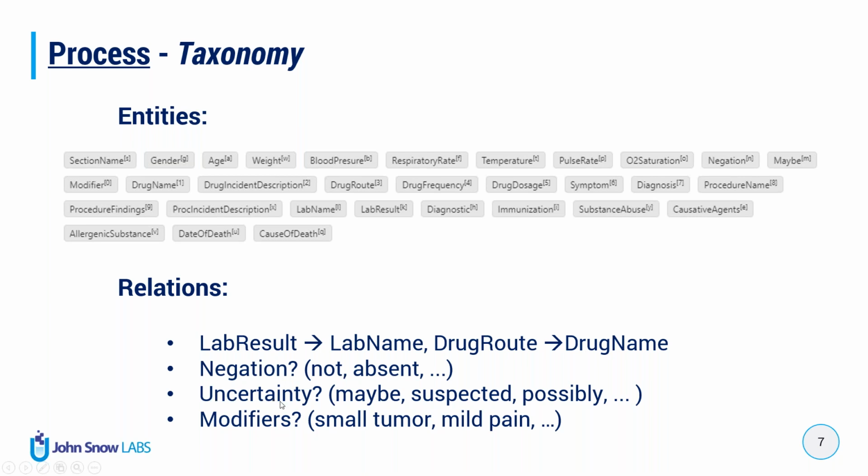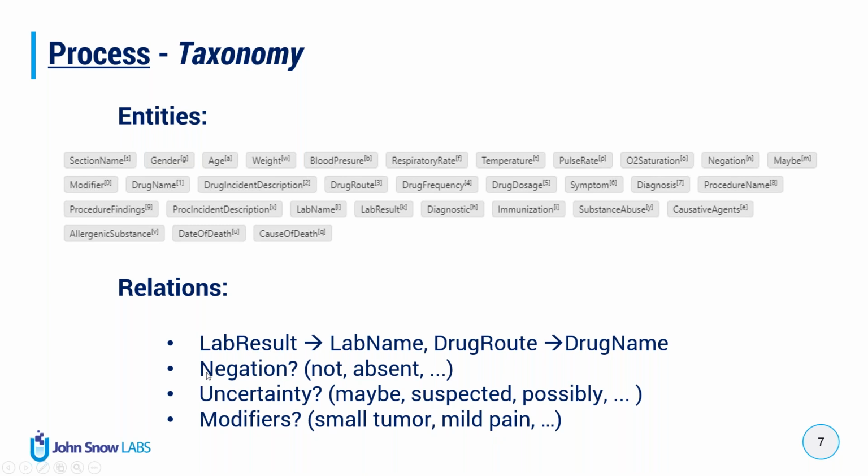If we are interested in uncertainty, so we want to extract that, for instance, maybe there is a suspected diagnosis or a possible diagnosis, but we are uncertain, or any other modifiers. For instance, if we run into the text small tumor, do we want to extract the two elements separately, like small, the modifier, and tumor, the actual label, mild pain, and so on.